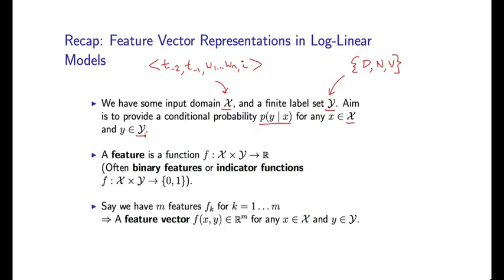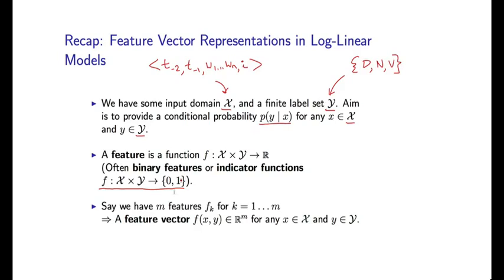So the key representational trick in log linear models is to make use of features. So a feature is a function that takes a history paired with a label and maps it to some value. And we saw last week when we considered log linear models that many of the features used in NLP are these rather simple binary features where the result of the function is either 0 or 1. These features typically ask questions about the input x in conjunction with the label y and return 0 if that question is false, 1 if the answer to that question is true.